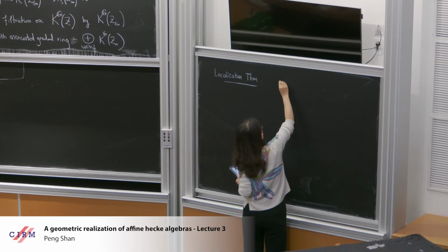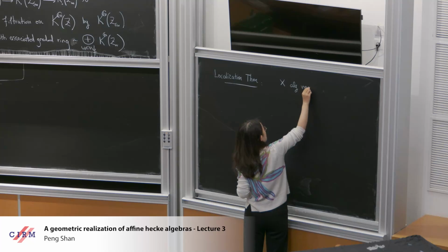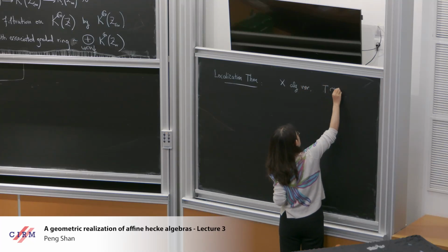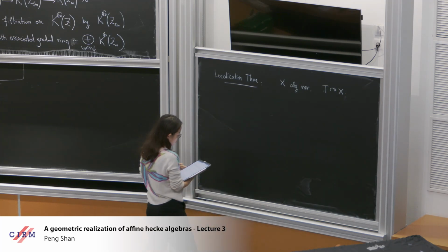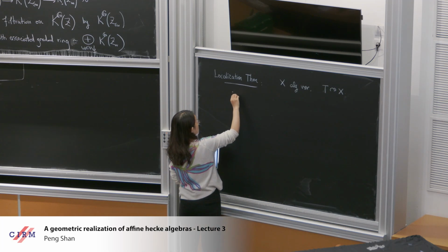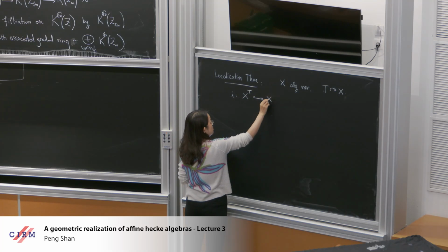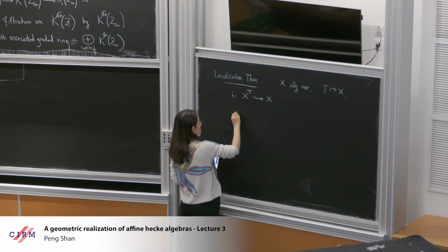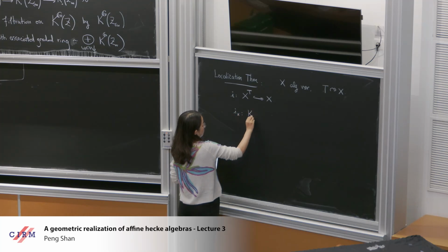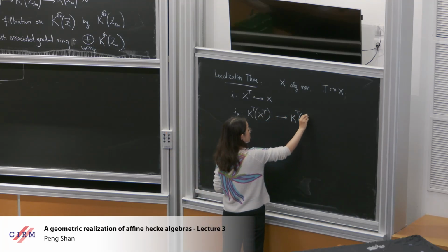Suppose you have an algebraic variety X equipped with a torus T acting on X. Then consider the embedding of the fixed points into X. This is closed, and so the push forward induces a map from the T-equivariant K-theory of the T fixed locus to the T-equivariant K-theory of X.